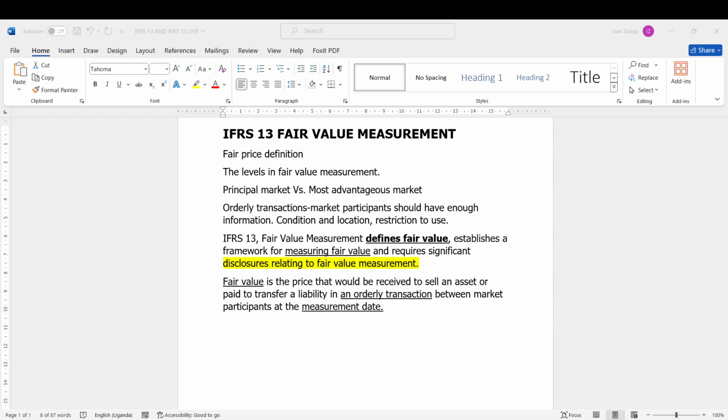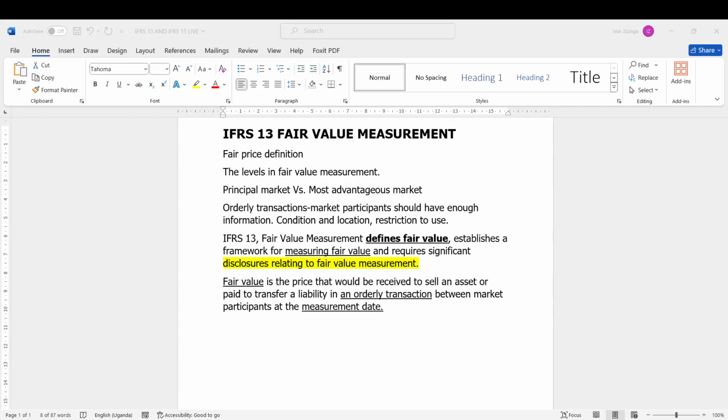You've covered most of the standards, I think. Which one are you covering now? I'm now starting on related party. Related party, meaning that you've covered IAS 36. Yes. Do we talk about fair value anywhere under IAS 36? Yes.